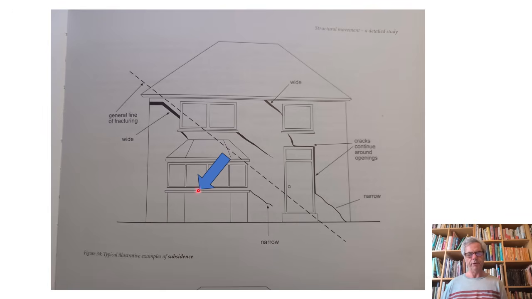Now, why do I say it's pointing downwards? Well, it's obvious that the hinge of that movement is there, and it's moving bigger there, so it can only be going downwards. There's no logical mechanism of movement where you could get the movement being upwards, unless you've got gravity working in reverse.